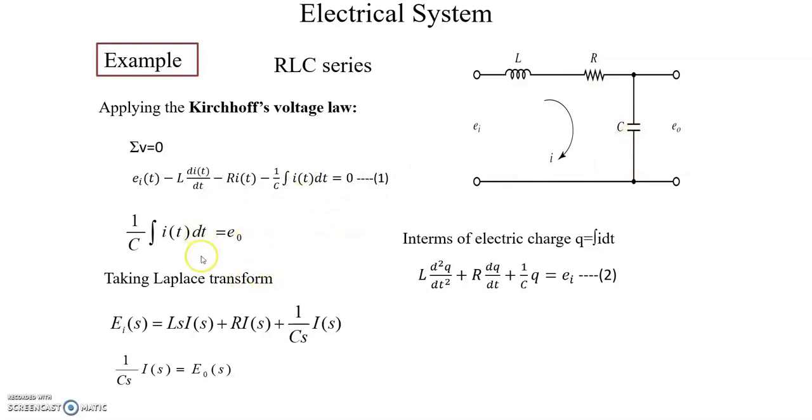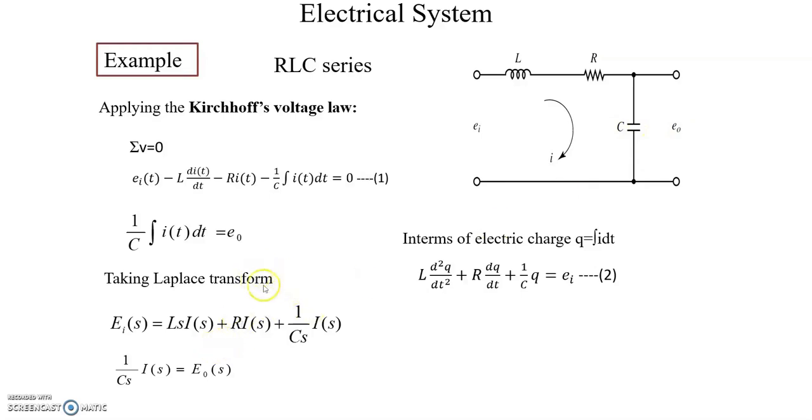From this circuit, what is the output equation? The voltage drop across the capacitor is the output voltage. So e0(t) is equal to 1/C integral of i(t) dt.